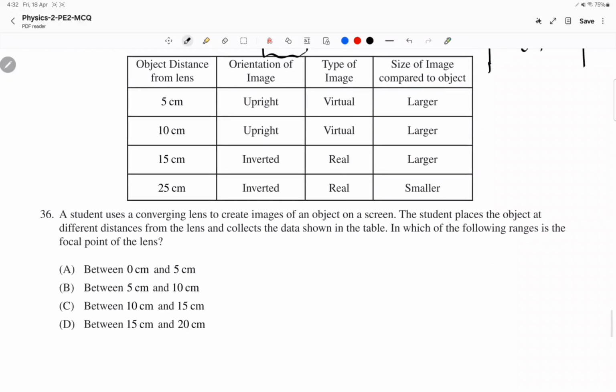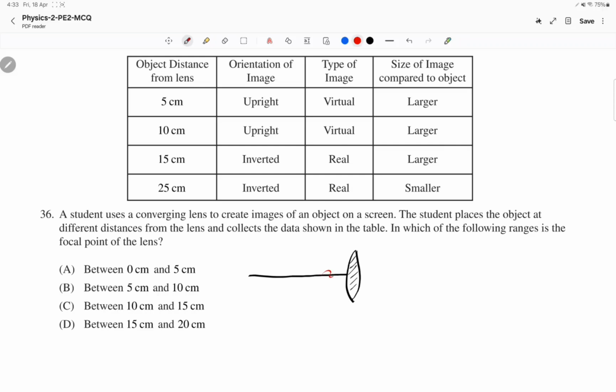36. Okay. Here we have a converging lens, so it's going to be thick in the middle. And we have multiple distances.